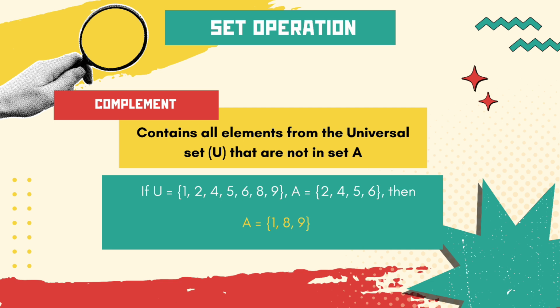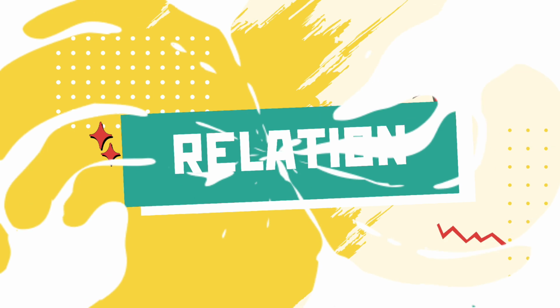And the last is complement. Complement contains all elements from the universal set that are not in set A. For example, if U is 1, 2, 4, 5, 6, 8, and 9, and A is 2, 4, 5, and 6, then A complement is 1, 8, and 9.